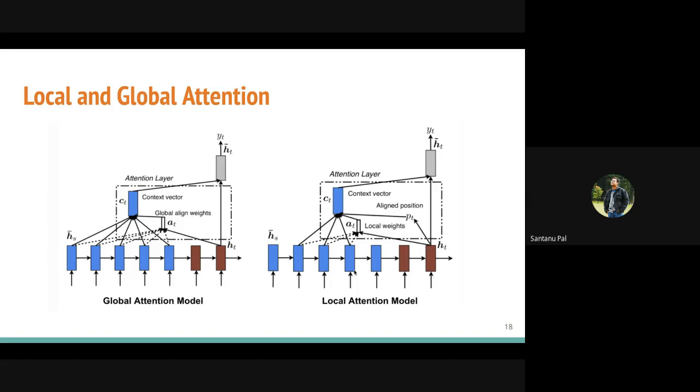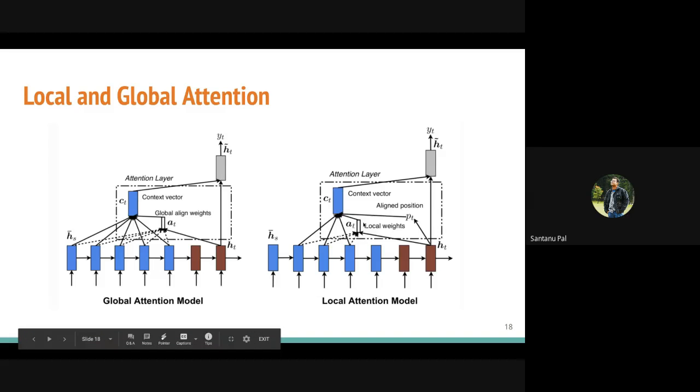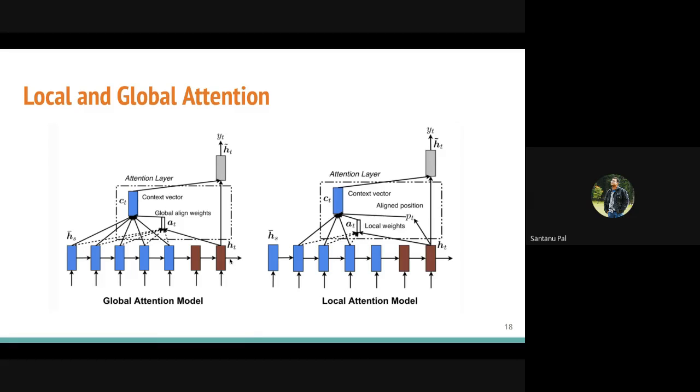But in local attention, a subset of hidden states provides the information for the weights. It is called local because only some localized hidden states provide the information. Instead of taking everything from the hidden states of the input, it takes only a subset of the hidden states. Okay, so this is the difference.